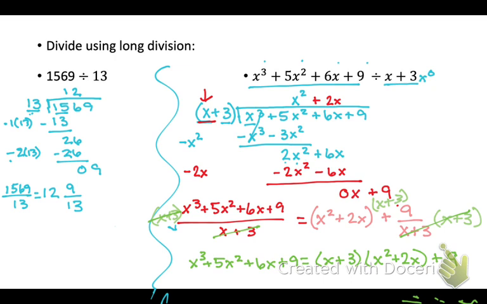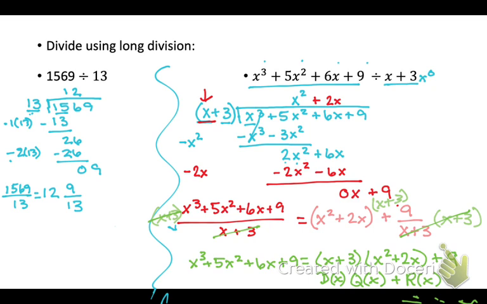So we say d of x, d stands for divisor, times q of x, which stands for quotient, plus r of x, which is the remainder. So we have divisor times quotient plus remainder.